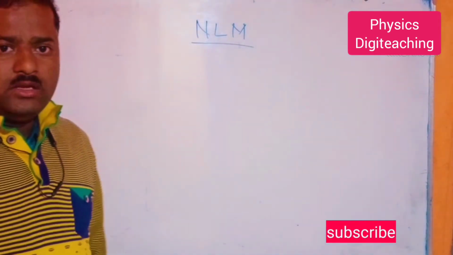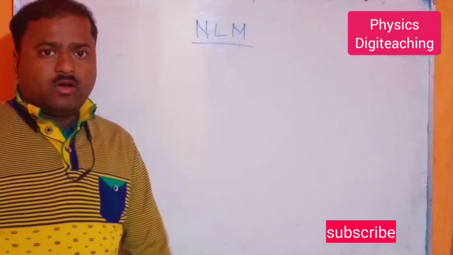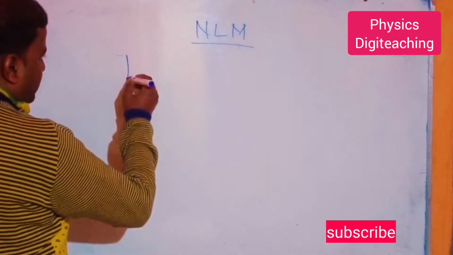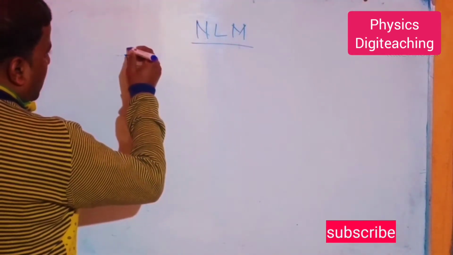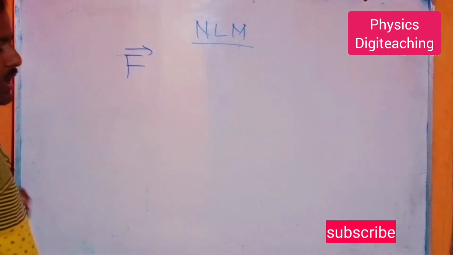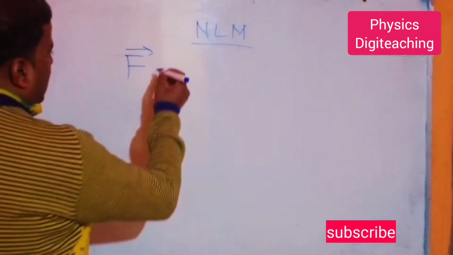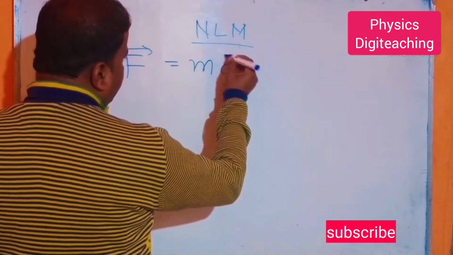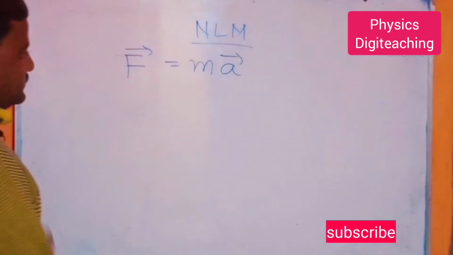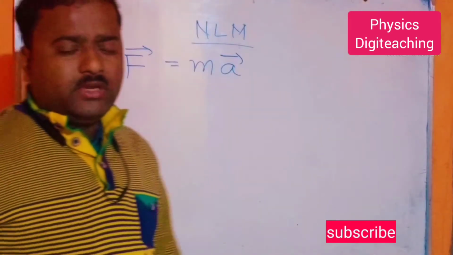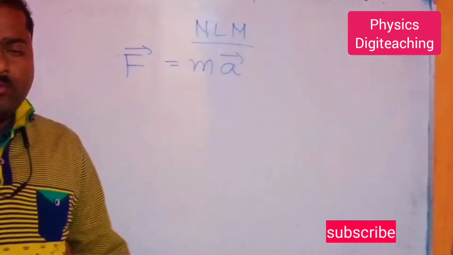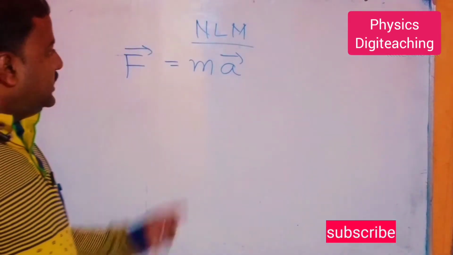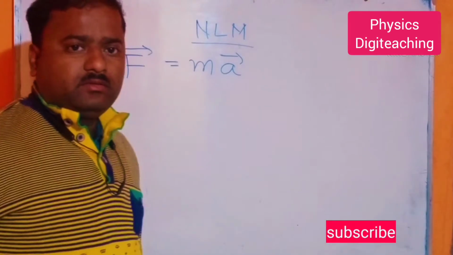Today I will start from the second law, and the second law is given mathematically as: total force on a body F is equal to mass into acceleration. If we apply a net force on a body, then the body will move with an acceleration.